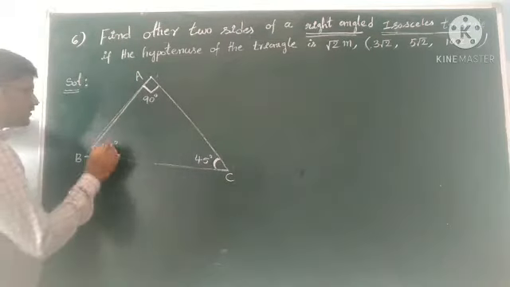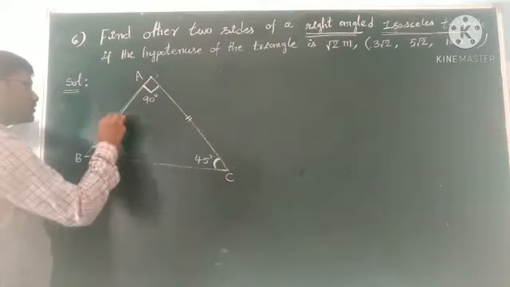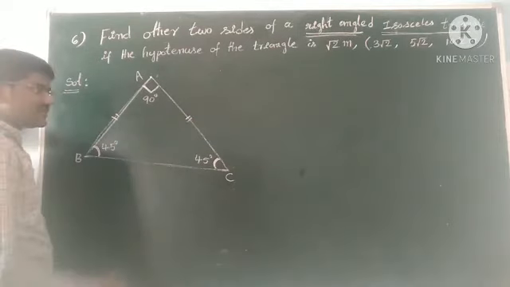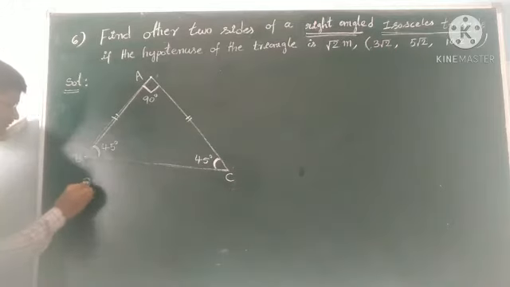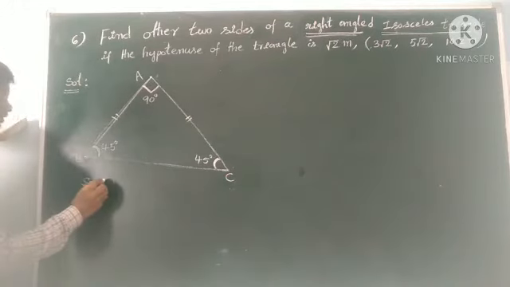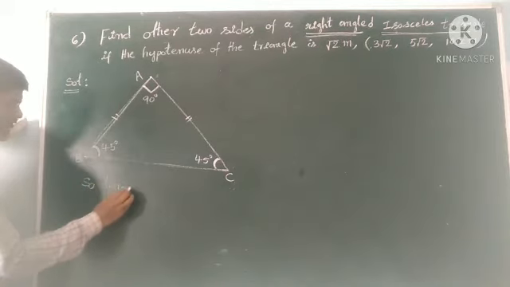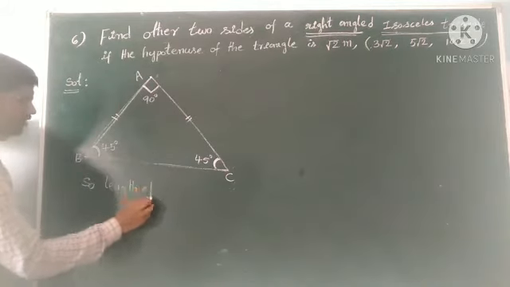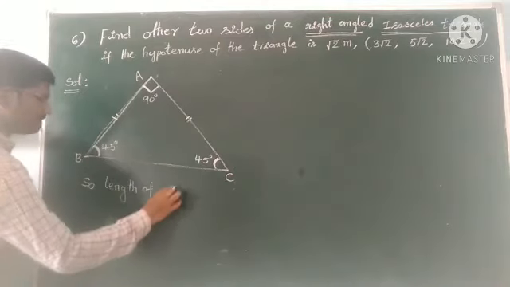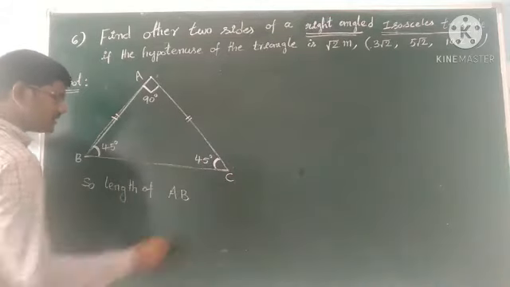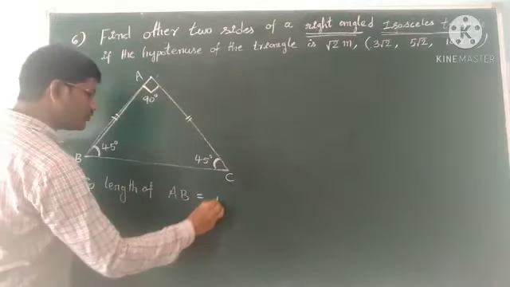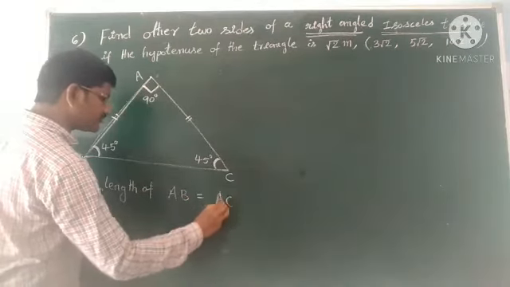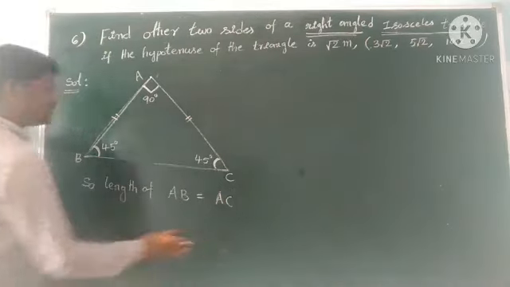These two angles are equal, which means the sides opposite to these two angles are also equal. So the length of AB is equal to AC.